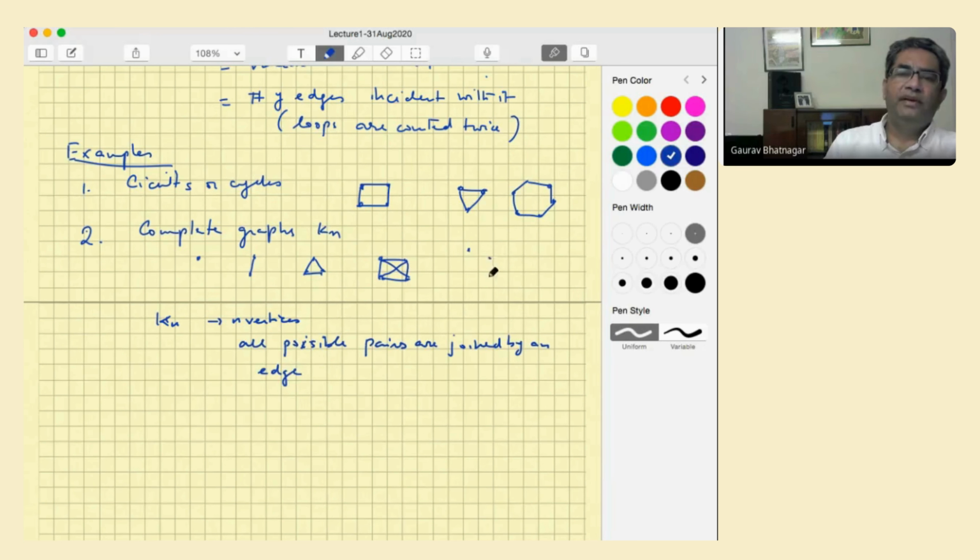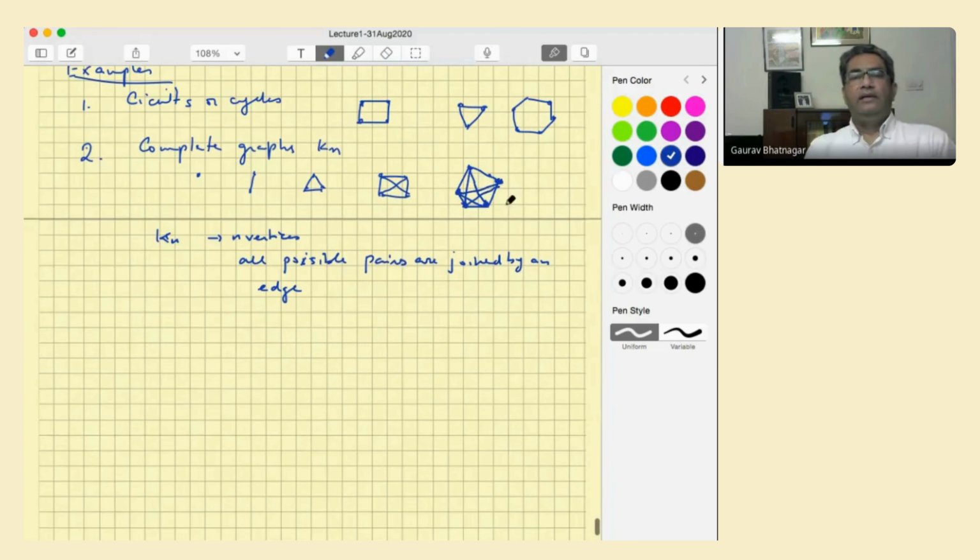So K5: you have this edge, and this edge, and this edge, this edge, this and this. So K5 has this.